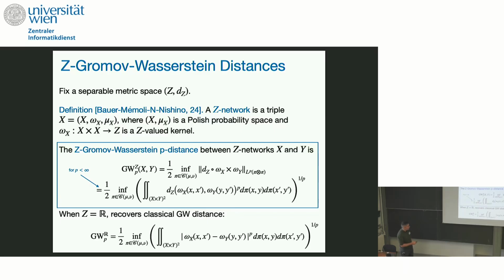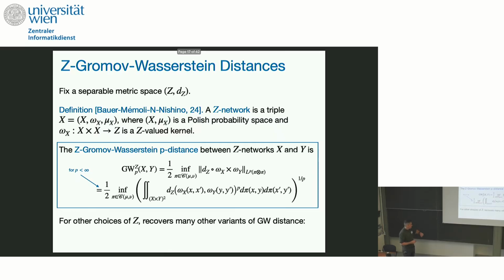I replaced that by taking their distance in Z. That's really the only distinction, so I would call this a fairly natural generalization. If your metric space is R with the obvious distance, then you recover classical Gromov-Wasserstein distance. For other choices of Z, you get other variants of Gromov-Wasserstein distance.